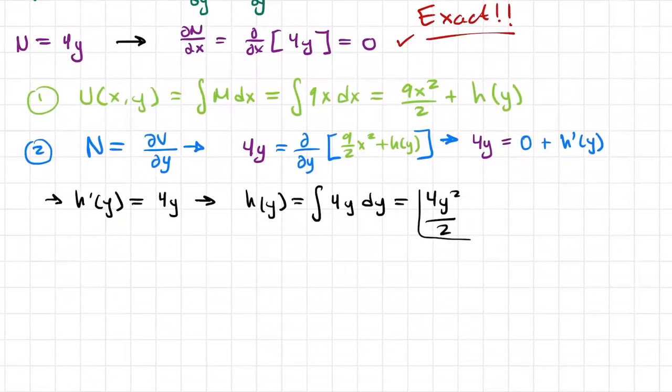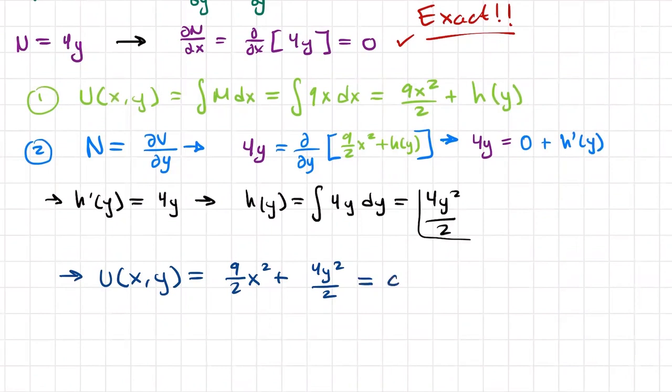Then it's just a matter of plugging it back. Then we know that u of x and y is equal to 9 over 2 x squared plus 4y squared over 2. And then that u must equal a constant.